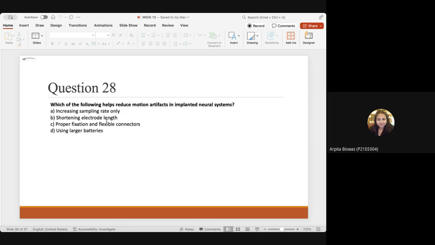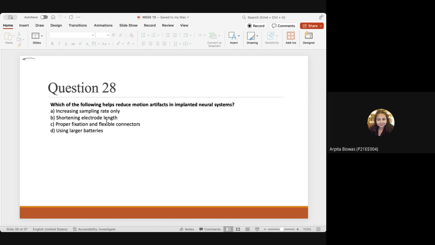Question number 28. Which of the following helps to reduce the motion artifacts in implanted neural system? First option, increasing the sampling rate only. Second option is the shortening the electrode length. Option C is the proper fixation and flexible connectors.